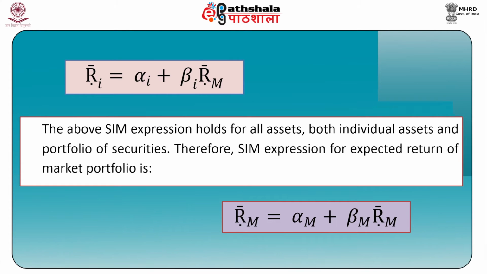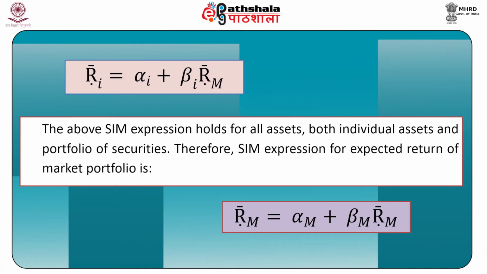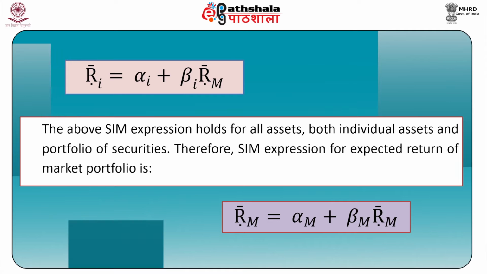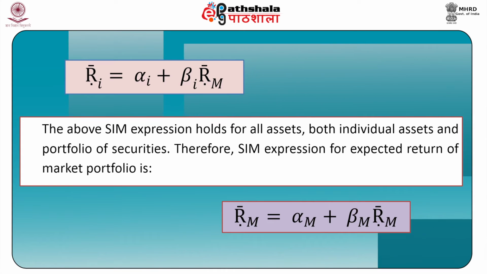Therefore, the SIM expression for expected return of the market portfolio is R̄m = alpha m + beta m × R̄m. Equation 3. The above equality holds true for any possible value of Rm when alpha m is equal to 0 and beta m is equal to 1. In other words, the market portfolio has an alpha equal to 0 and a beta equal to 1.